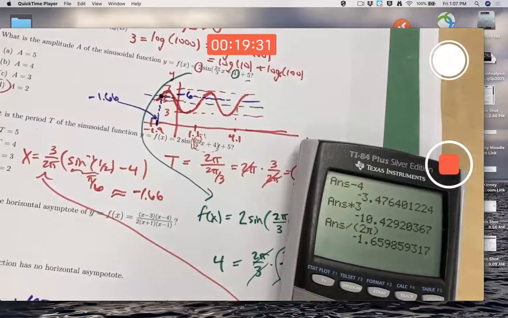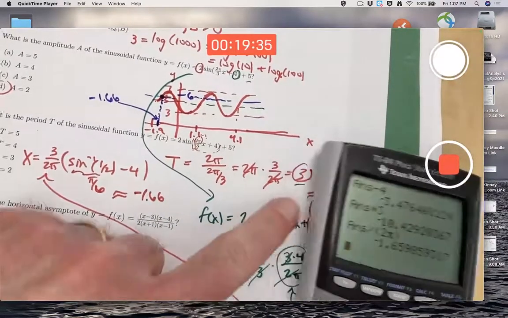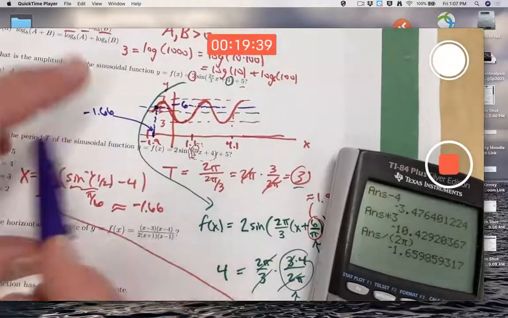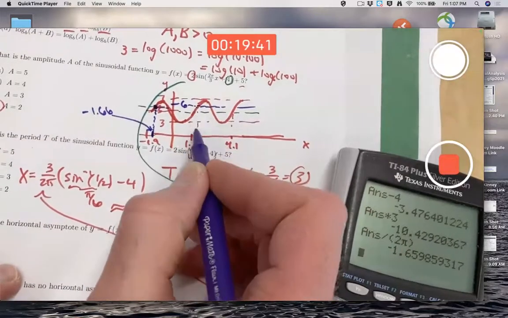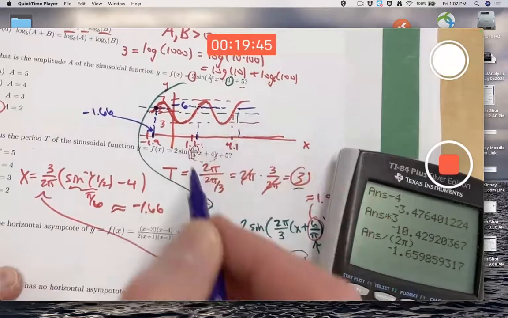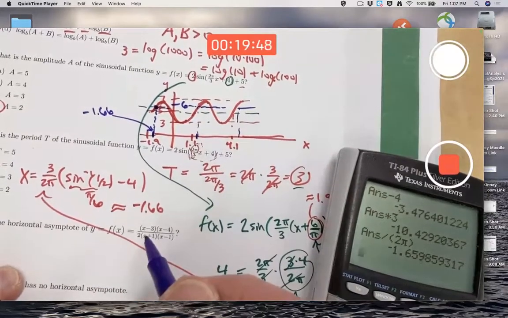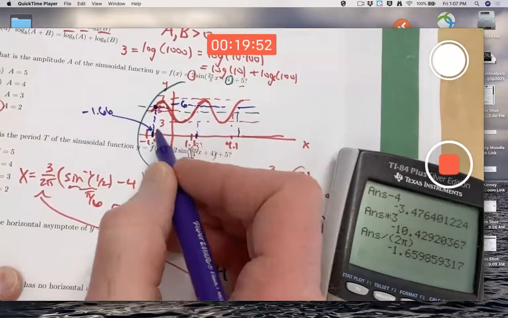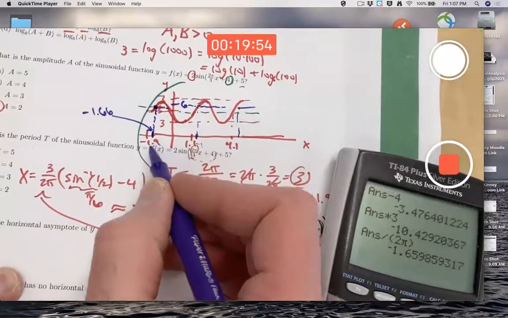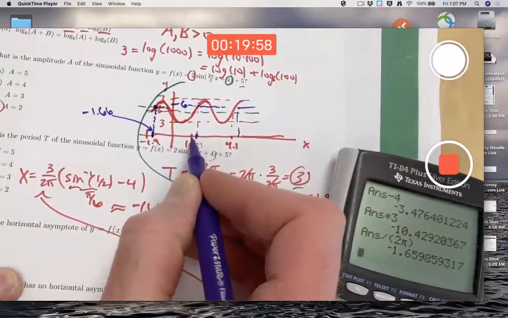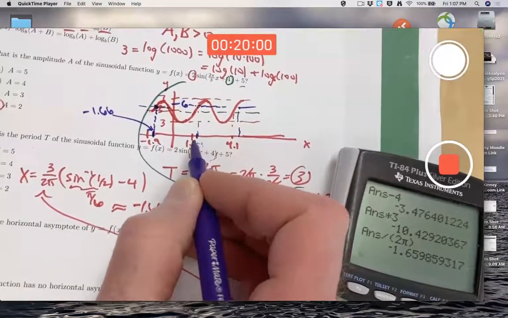How could we get other answers if I asked you for other answers? Well, since the period is 3, you could add multiples of 3 to this. This number plus 3 would give you this number. Add another 3, you get this number. Use the period. You could also figure out how far this number is from -1.99 and subtract that from this number.